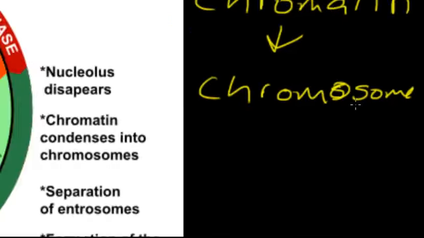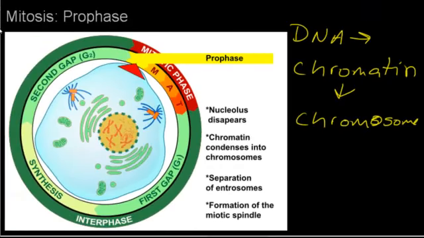Okay, sorry about that. So, there we go. DNA condenses to chromatin, which condenses to chromosomes. Let's fix that arrow real quick.